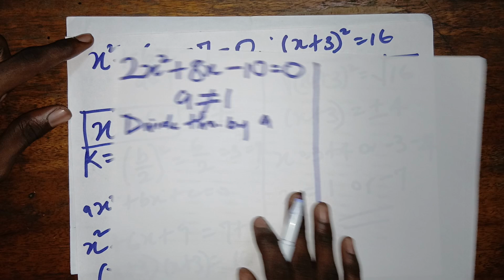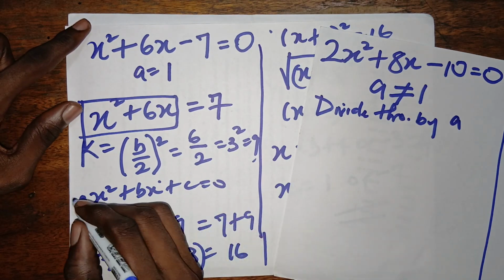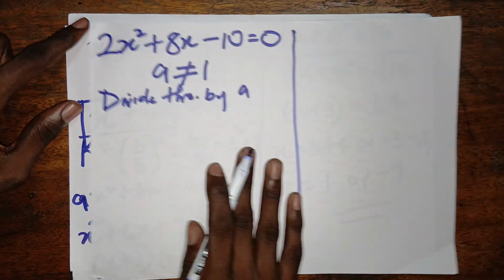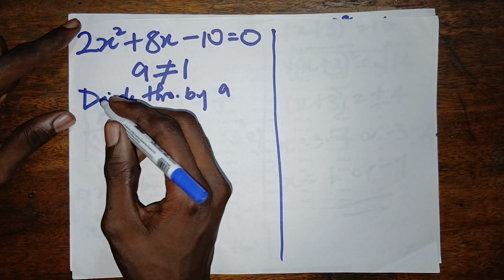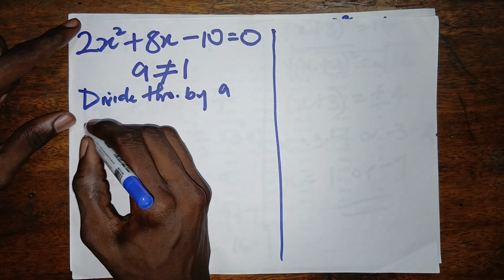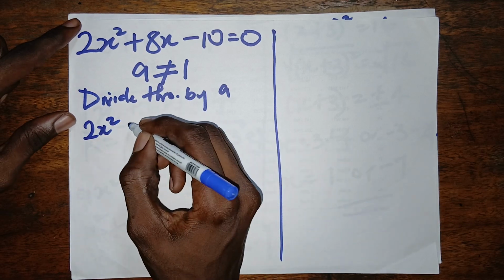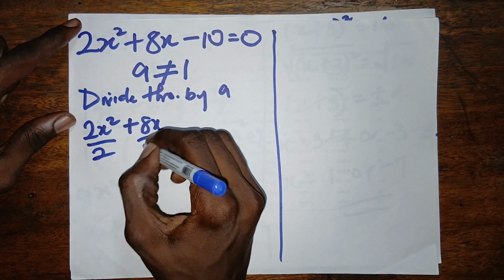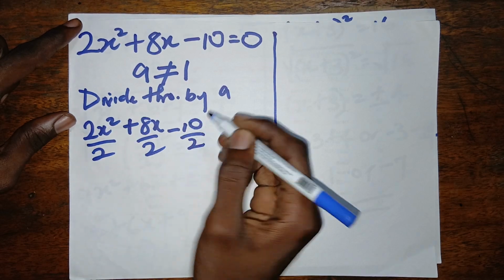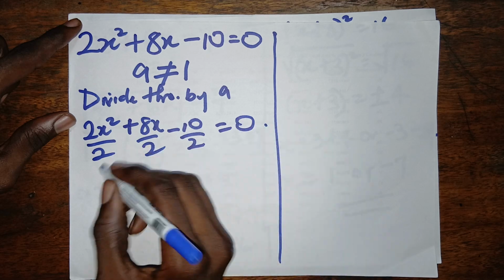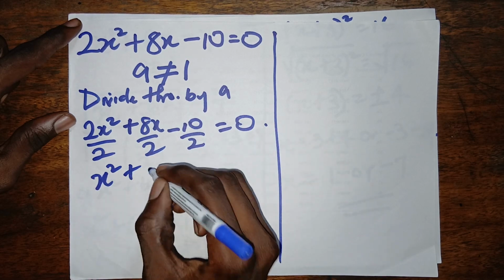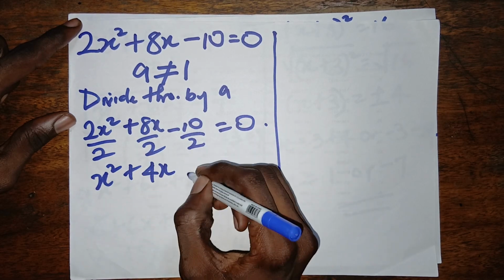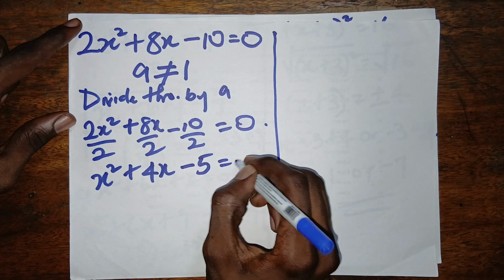From our quadratic equation, a is 2. So divide through by a, and that will give us x squared plus 4x minus 5.